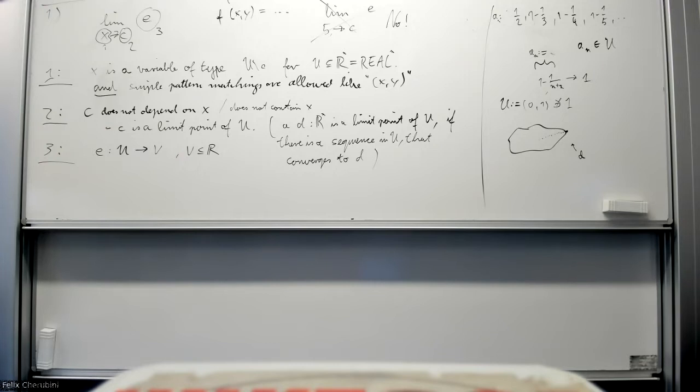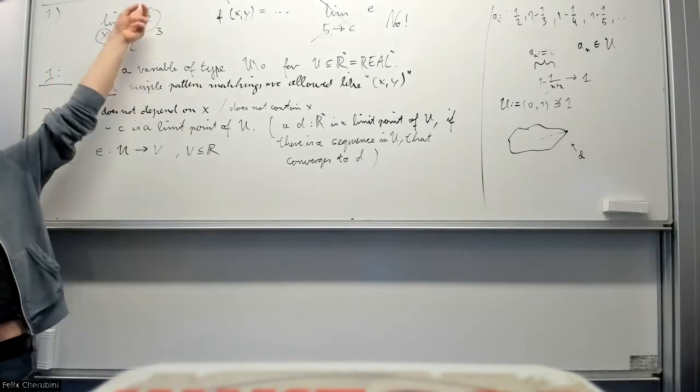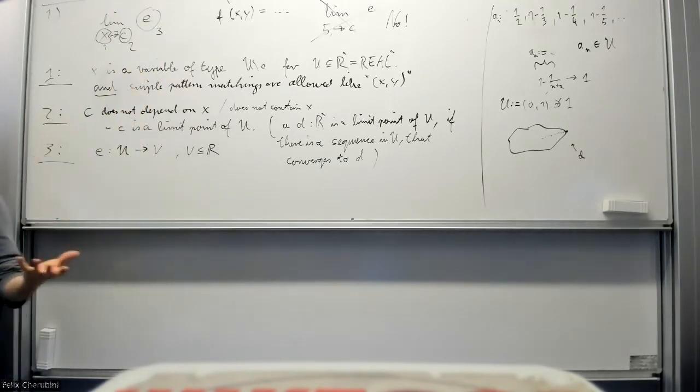And now we should also talk a bit about X. So, I mean, we have this variable X here, and I guess you all know you can use it inside here. And that's something we should mention.